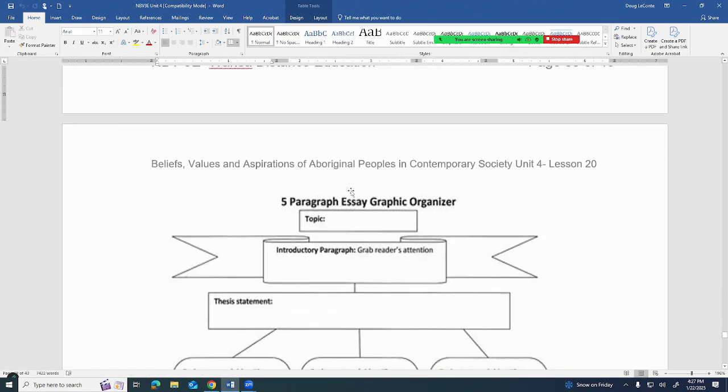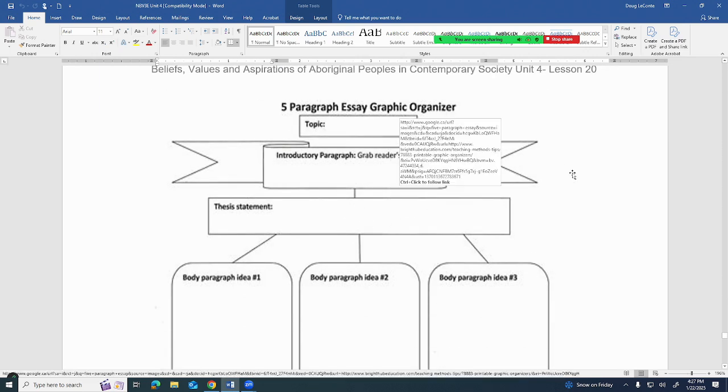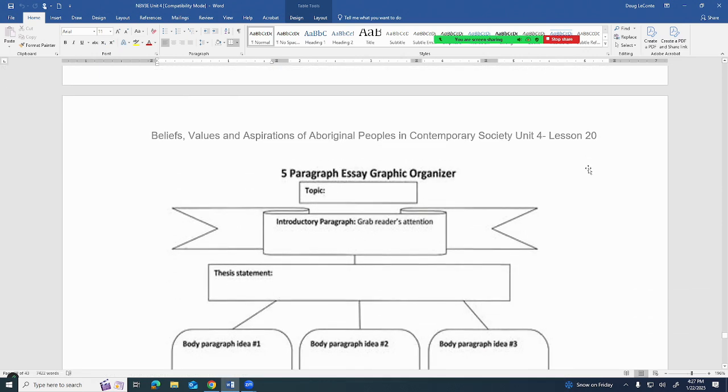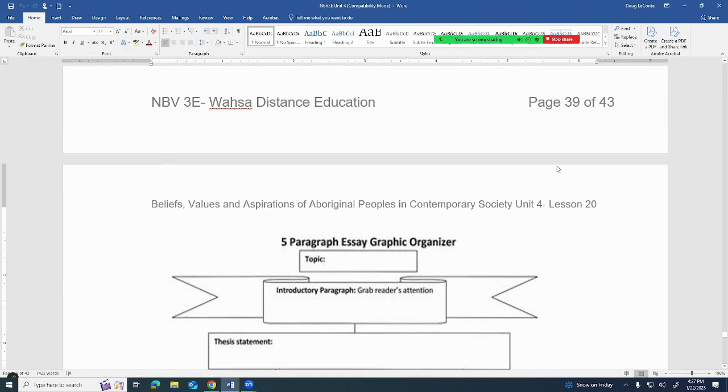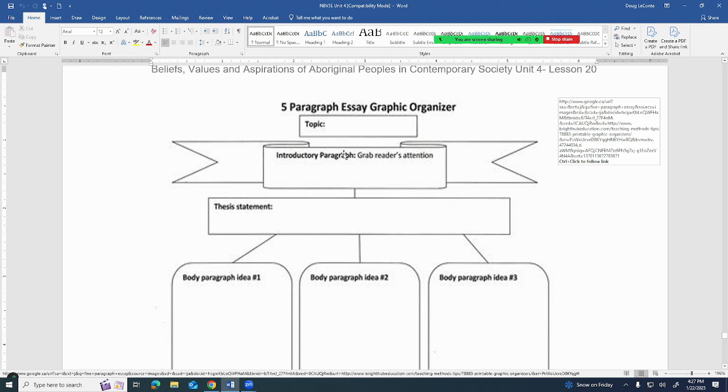Okay, so there's a nice table on page 40 that lays out how to write a 5-paragraph essay. It's called the 5-paragraph essay graphic organizer. Up there you have your topic, right?